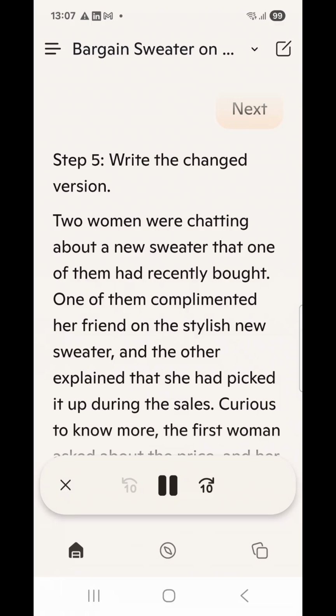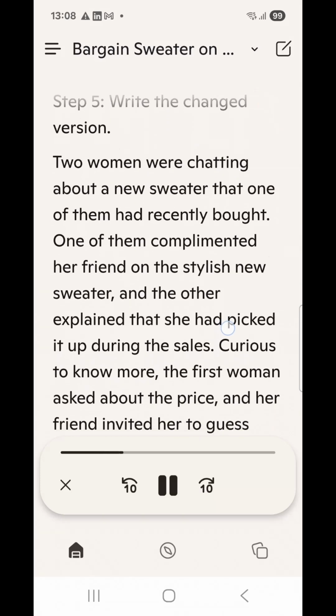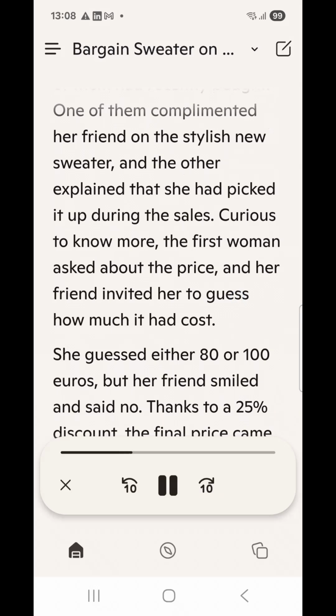Excited and lively. So there were these 2 women, and they were just chatting away about this fabulous new sweater that one of them had bought. And let me tell you, the compliments were flying. Her friend absolutely adored it. So of course they got onto the topic of how much it cost. And guess what?